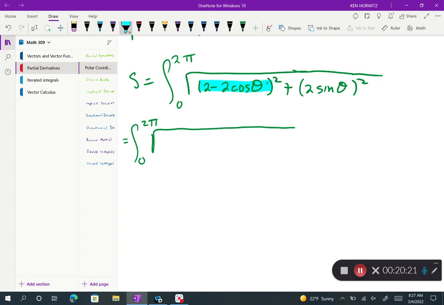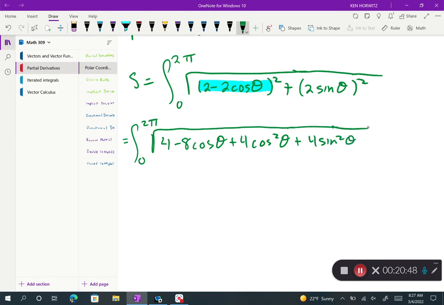All right, so when you expand and FOIL it, I got 4 minus 8 cosine theta plus 4 cosine squared theta. And then I'm going to square the other term, which is plus 4 sine squared theta.